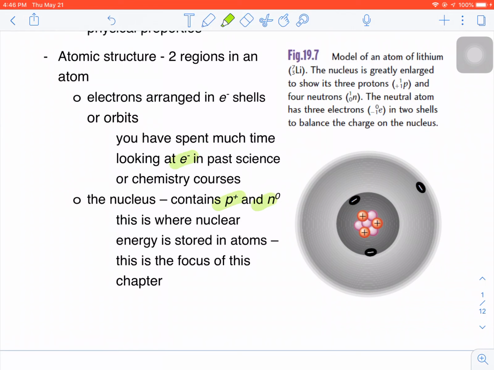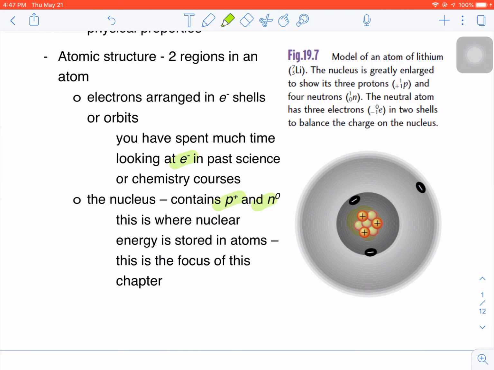This one chapter in the physics textbook, this one chapter in the chemistry textbook, talks about nuclear reactions, different from chemical reactions in a number of different ways. So, to understand the nucleus, we're looking specifically at the pluses and the zeros, the protons and neutrons inside the nucleus here. They both have a role to play.